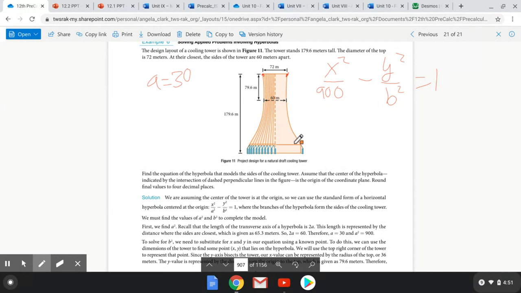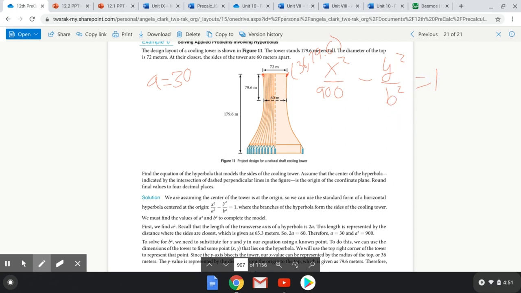So at this point here, we're at 36 and 79.6. So that's this point. So we're going to plug 36 in for x, 79.6 in for y, and we're going to solve for b.